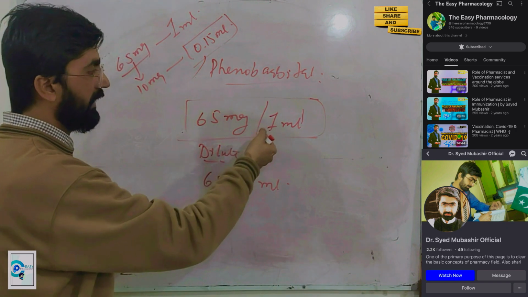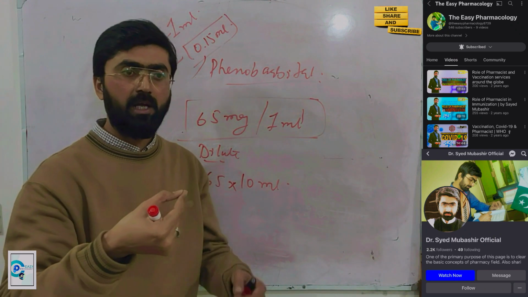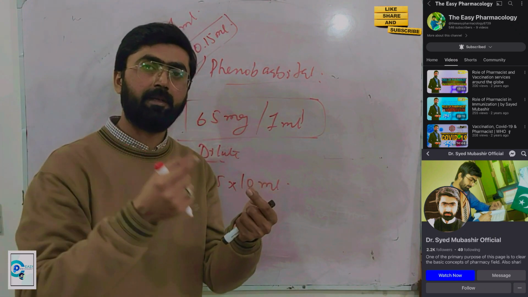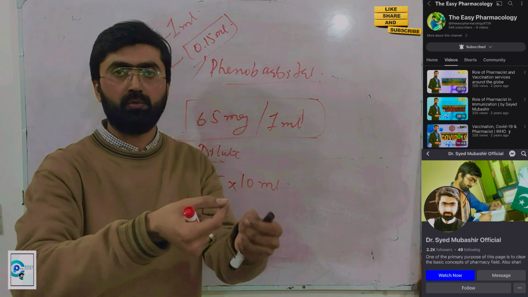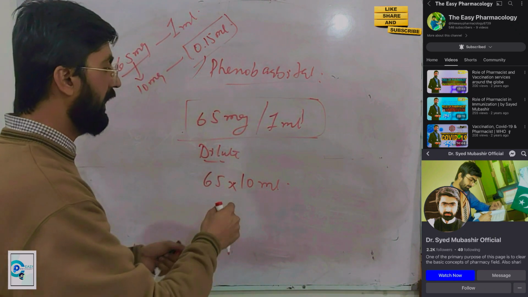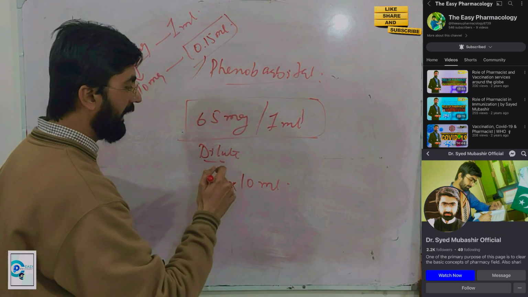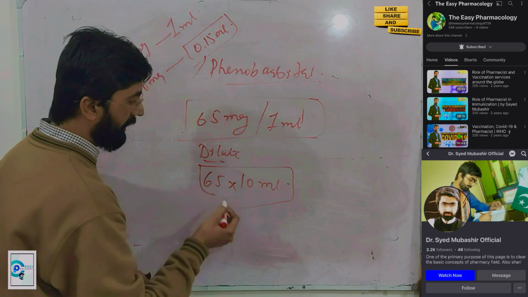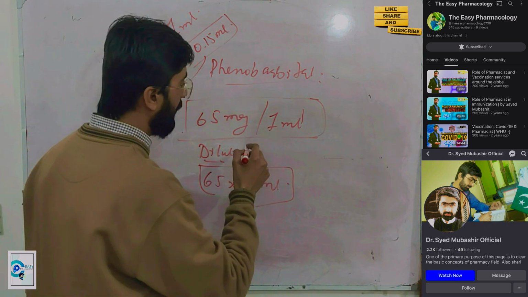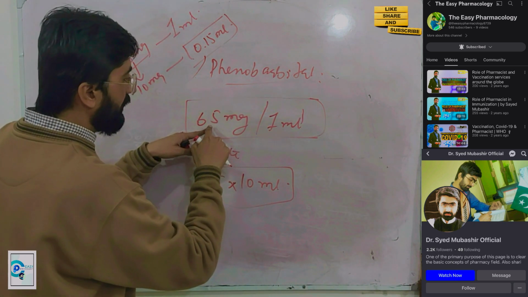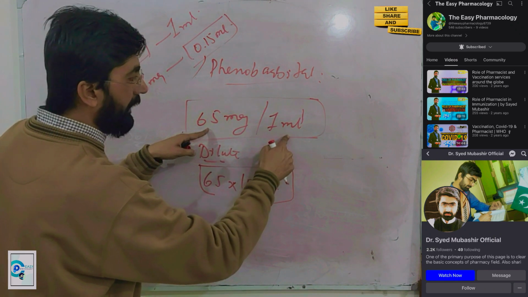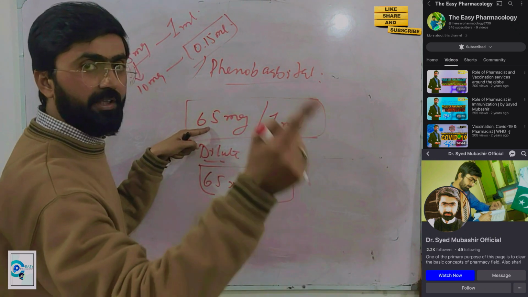You will draw this 1 ml from that ampoule and add much more water for injection, or any suitable solvent. Let's suppose you are diluting with 10 ml. Now the situation is that 65 milligram was in 1 ml, and now you have diluted it up to 10 ml.